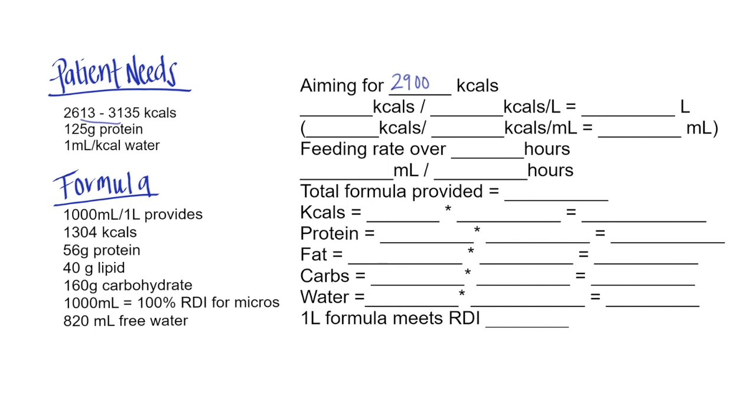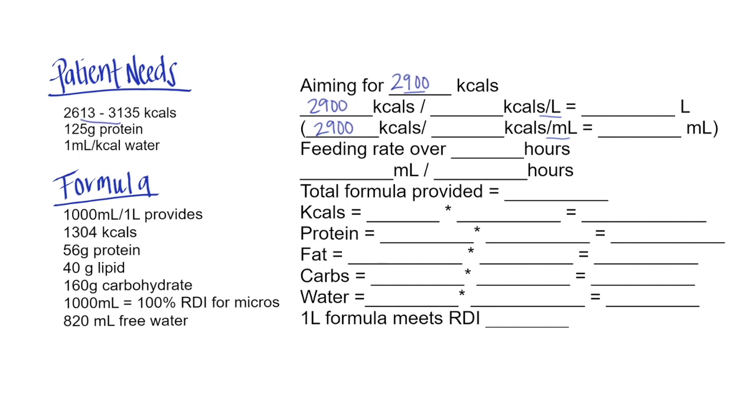So if I'm interested in looking at how much volume of formula I'm going to be providing, I'm going to take my 2900 and I'm going to drop it right here at the beginning of both of these equations. You'll notice that both of these equations are very similar because this top one is looking at liters of formula and the bottom is looking at mLs of formula. And so we already know that 1,000 milliliters go into 1 liter, so we can kind of interchange numbers here a little bit, and we'll come to the same outcome just with differing units.